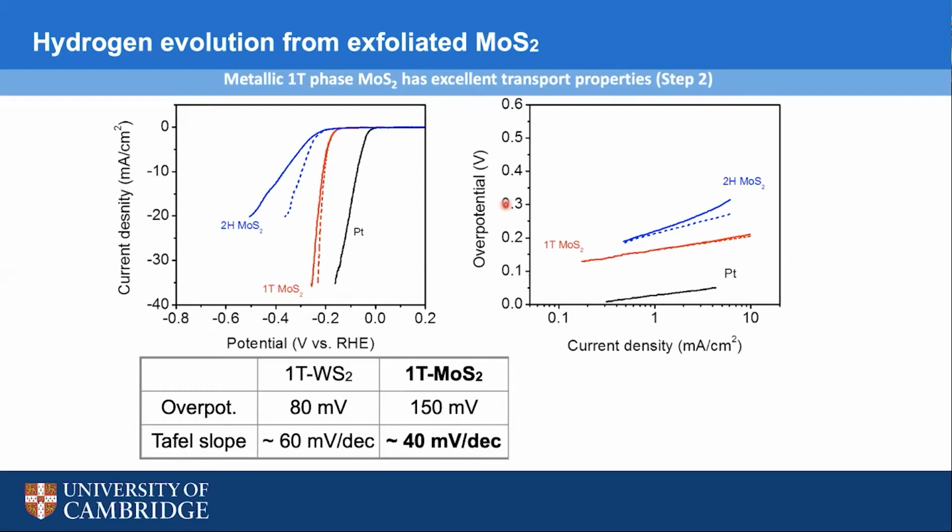One could be that the junction between metallic nanosheets of MoS2 and the glassy carbon is a low barrier junction, so electron injection into the catalyst is facilitated. And then, of course, the 1T phase is metallic, so electron transport could also be facilitated in the metallic phase.